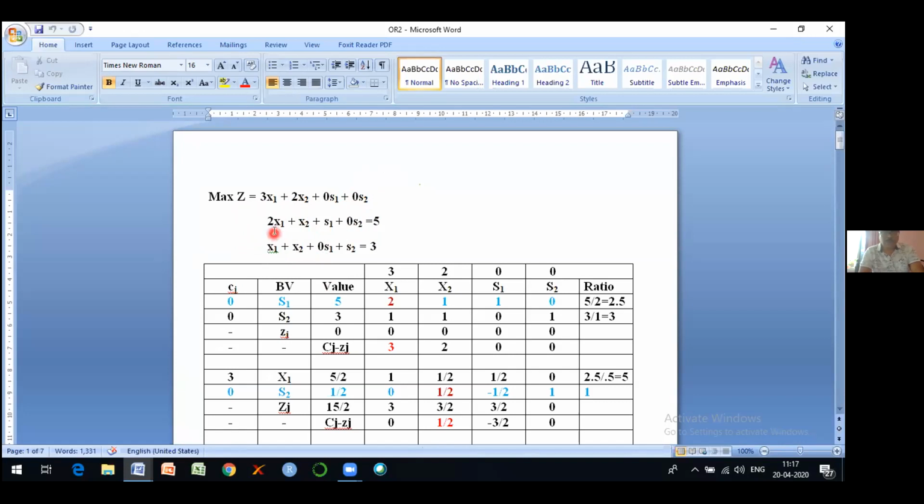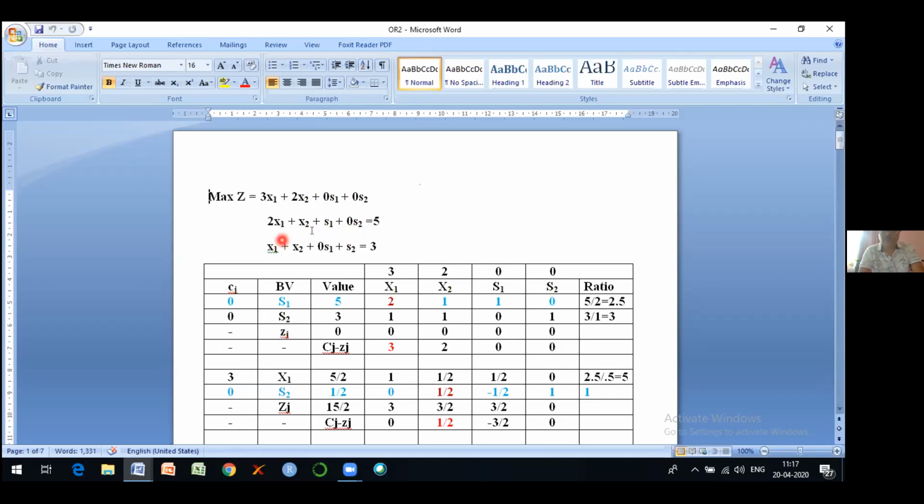And here you observe 2x1 plus x2 plus 1 s1, meaning positive 1 s1, plus here s2 is not required, although we have to write s2, its coefficient will be taken as 0.